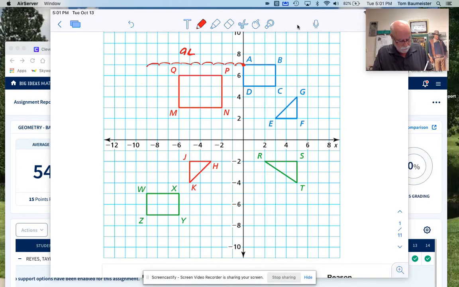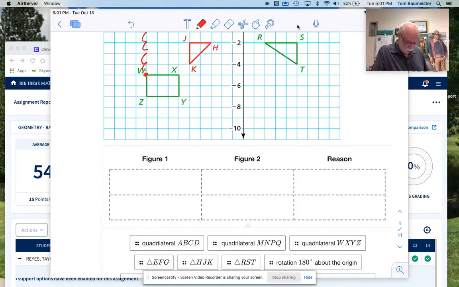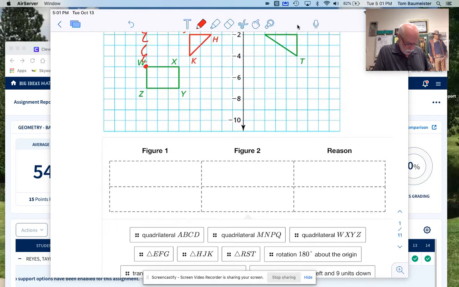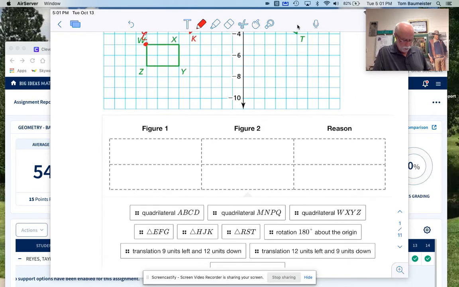And then let's see if I go down 1, 2, 3, 4, 5, 6, 7, 8, 9, 10, 11, 12. So this would be 12 down. So let's look and see if we have those choices. So, yep, 9 units and 12 down.